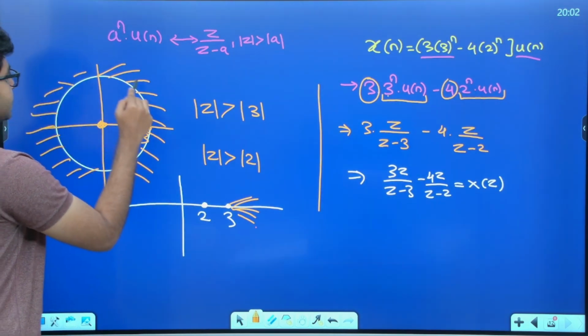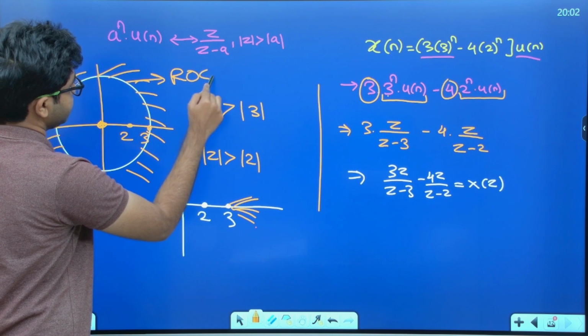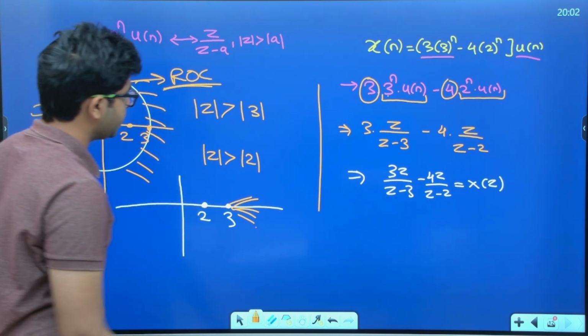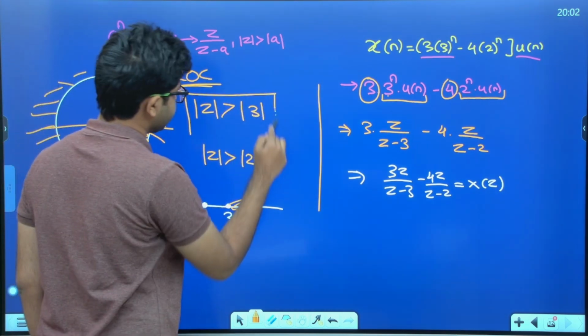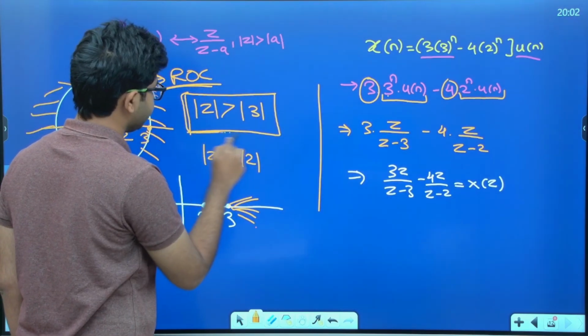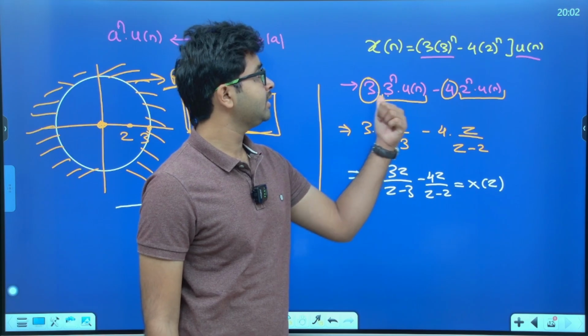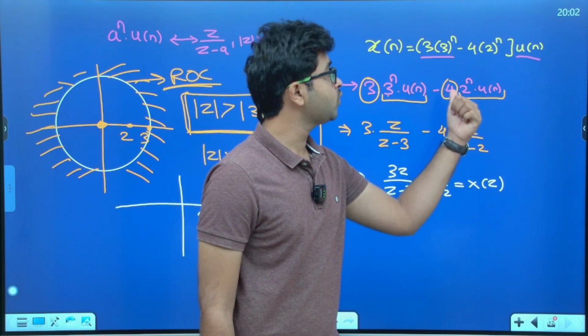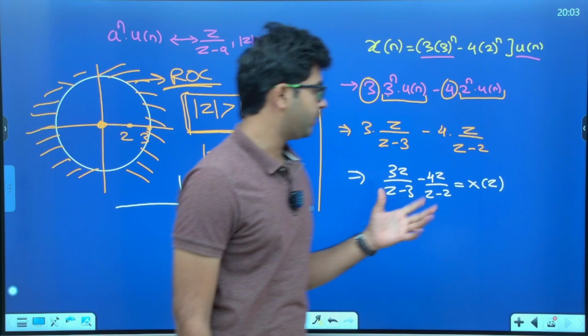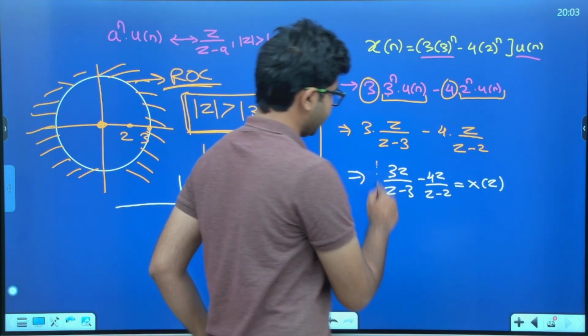This is the ROC, region of convergence. This will be the final ROC, Z greater than 3, for the given example: 3 into 3 to the power n minus 4 into 2 to the power n, u of n. And this is the final algebraic expression.